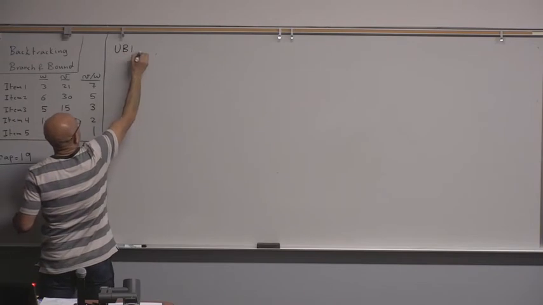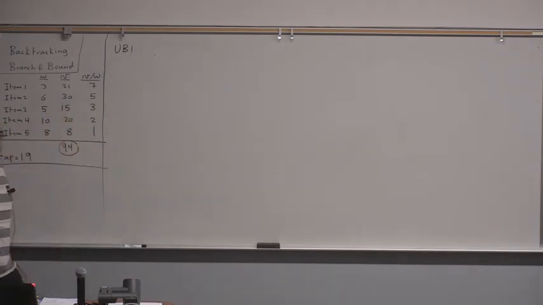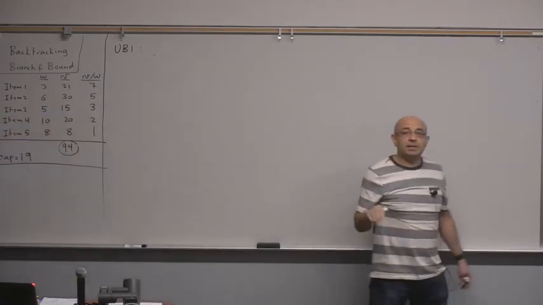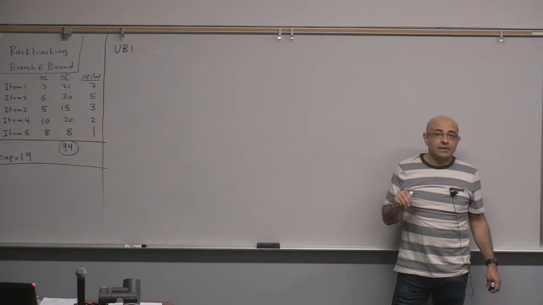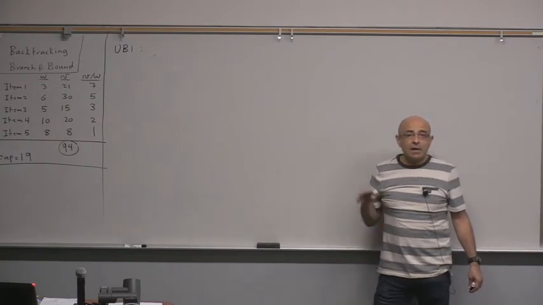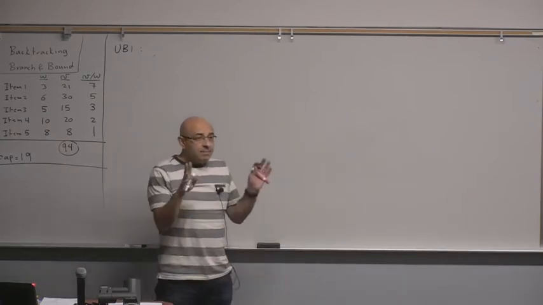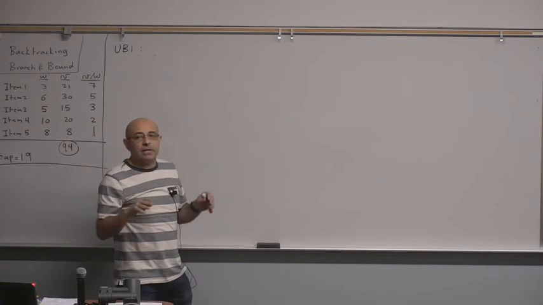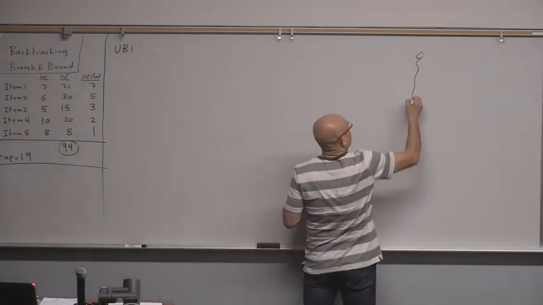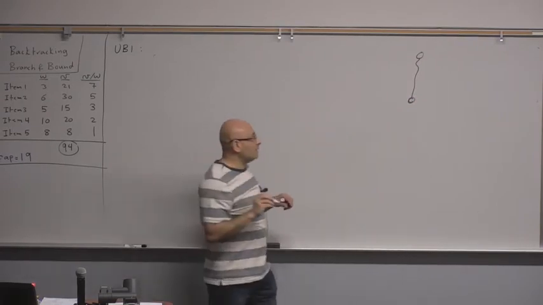Upper bound 1, which was what? What was the first upper bound? The simplest and easiest but least effective. That upper bound, the first upper bound that we talked about last time, was simply assume that you will be able to take all the remaining items. So if this is the root node, you are at this node, there are decided items and undecided items.